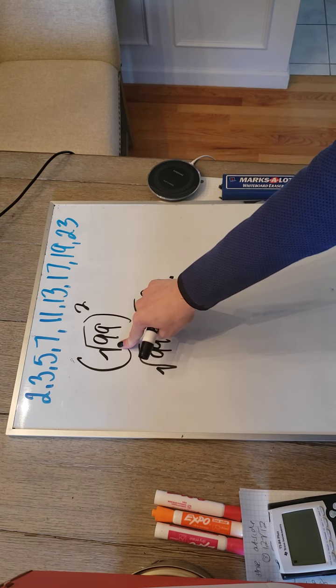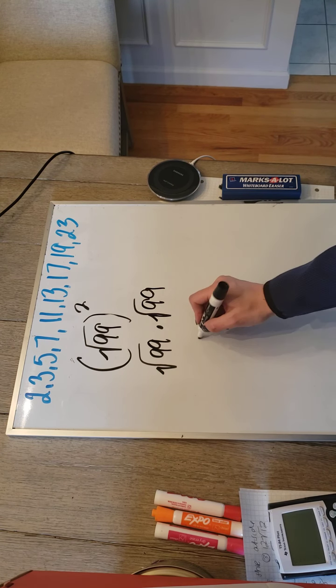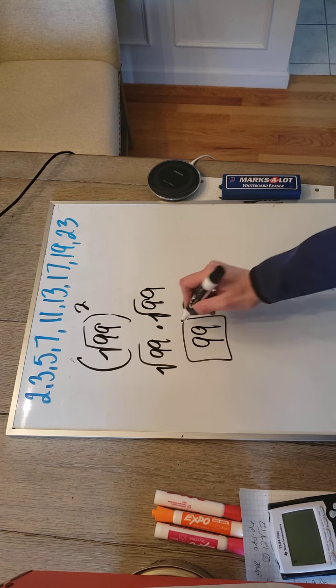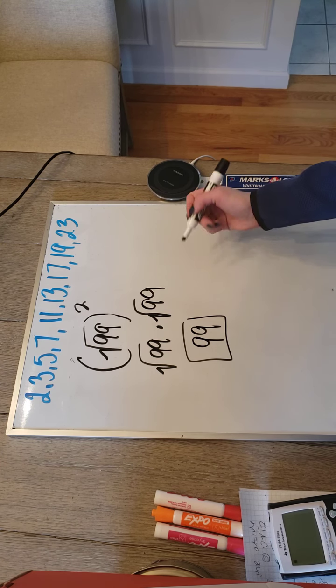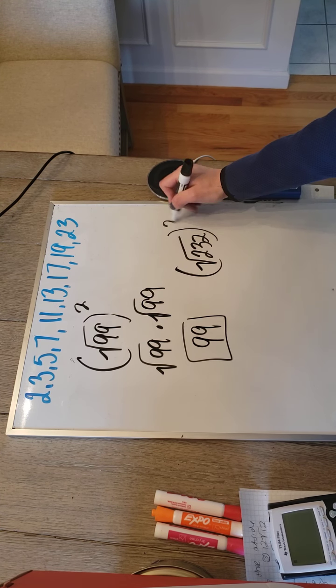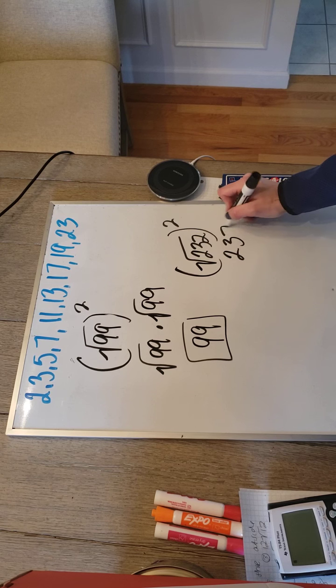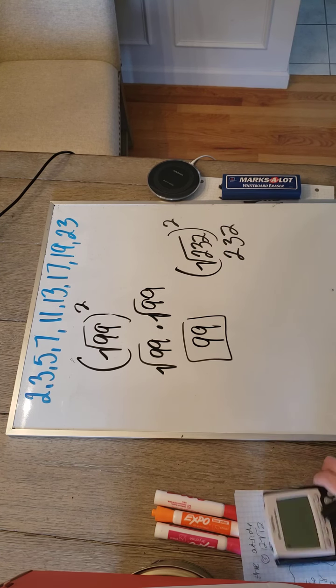Whenever you have a square root raised to the second power, the answer is just the number under the radical. So the answer is just 99. If you had the square root of 232 squared, your answer is just going to be 232. If you have the square root of 1 million squared, your answer is going to be 1 million. So keep that rule in mind because it will make your life easier.